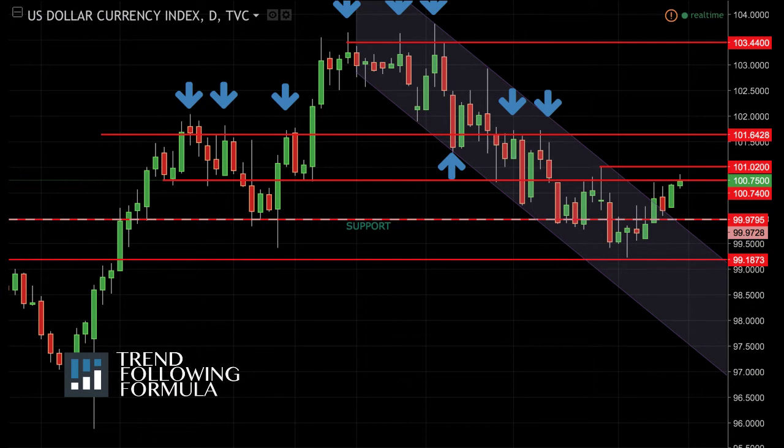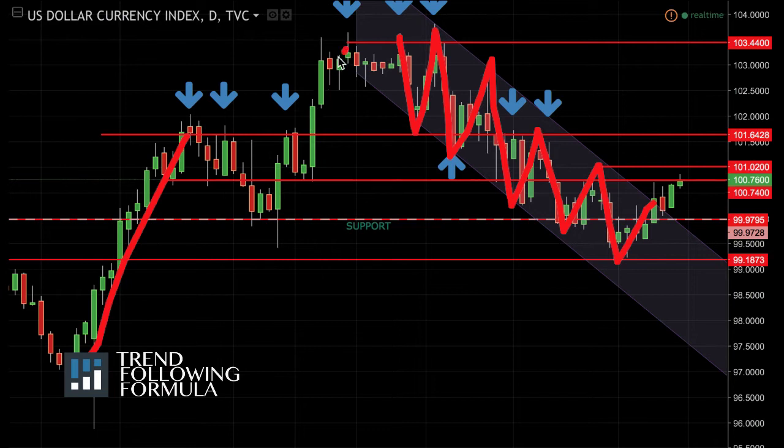However, it has that corrective characteristic that we mentioned before, and usually these corrective characteristics resolve with a break from that correction to resume the previous trend, which was basically an uptrend, as we mentioned before.